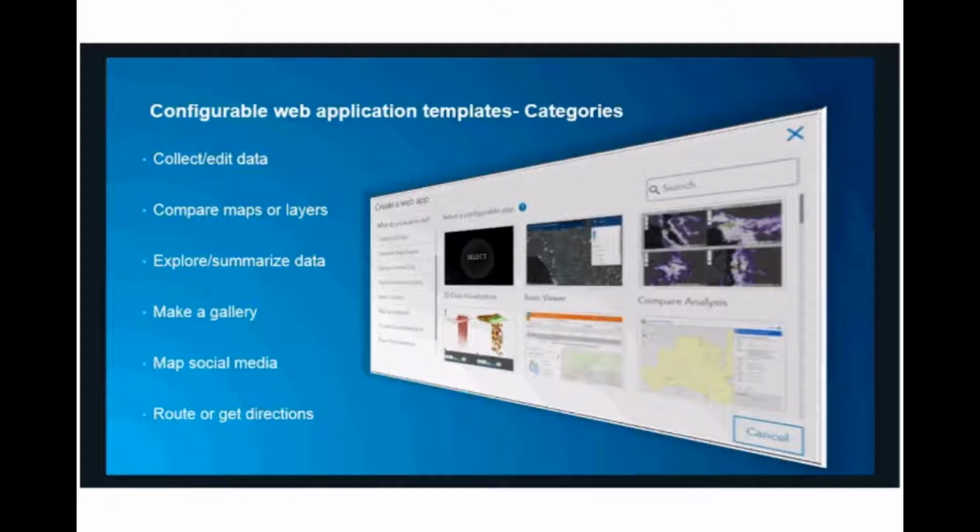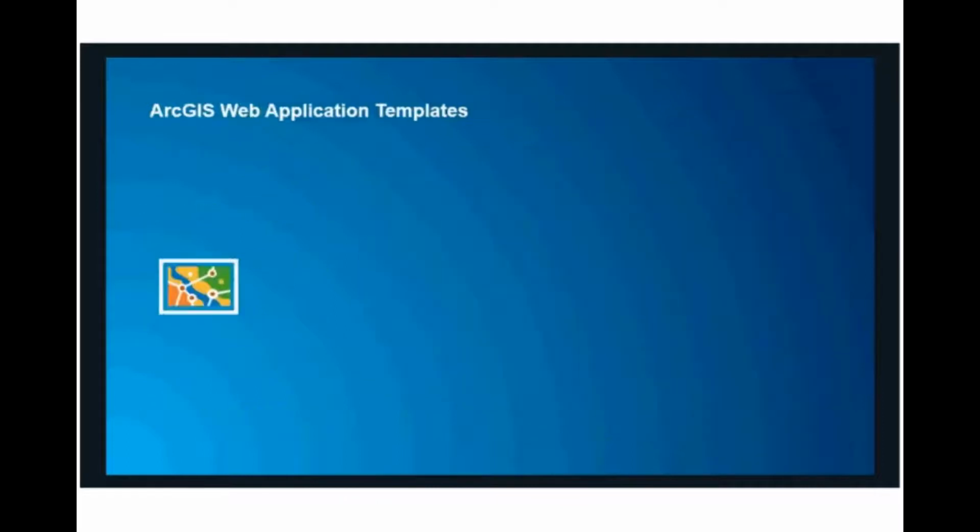We also have templates that you can use to explore and summarize your data, filter your data, and create summaries of data. We also have gallery and various story map templates, and templates for routes or getting directions. We're going to see how you can use these templates shortly to create various applications.